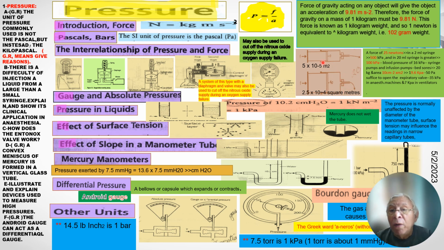If each of them is used, giving a force of 25 Newton, each syringe will of course yield a pressure. The upper one, the 2 millimeter, will give a pressure of around 500 kilopascal, and the other one will give a pressure of 100 kilopascal, and the systolic blood pressure is 16 kilopascal.